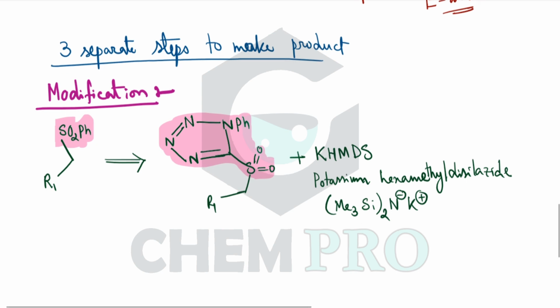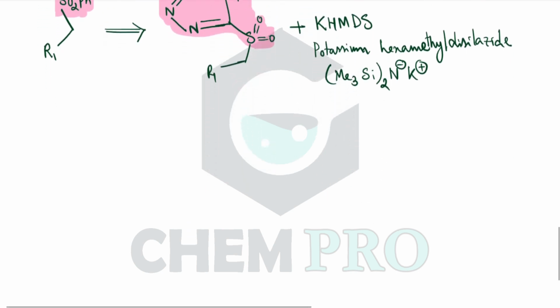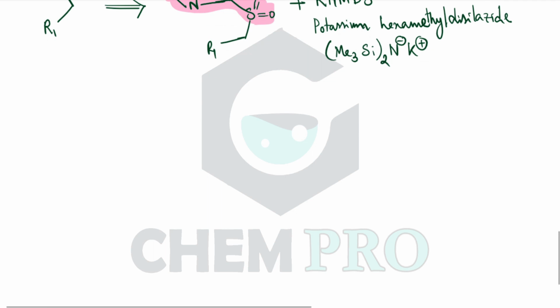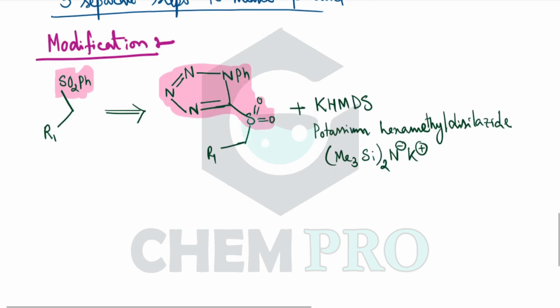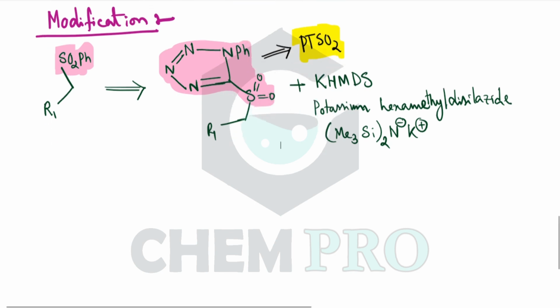So now we have to know the mechanism. For the mechanism, we will call this big modification part PtSO2. Okay, so now let's check the mechanism.